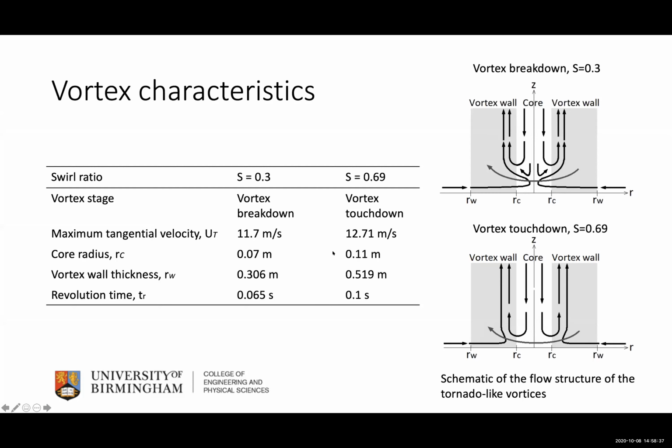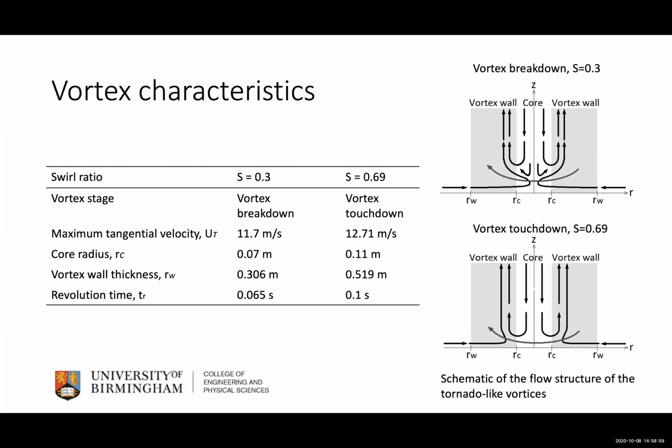Something I should point out as well, there's a few things in the table, but the one thing to notice is that we've defined the revolution time. That's the time it takes for the vortex to undertake 1 revolution. A smaller swirl ratio results in a smaller vortex, so a faster revolution time.